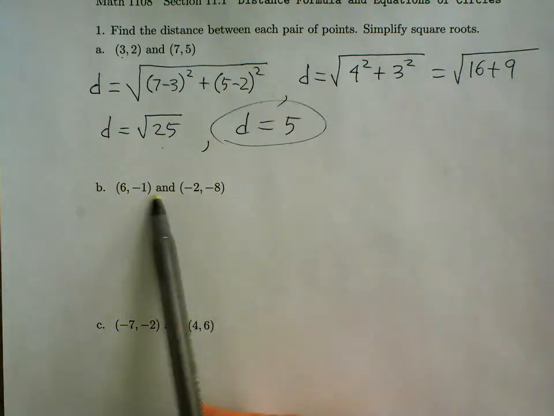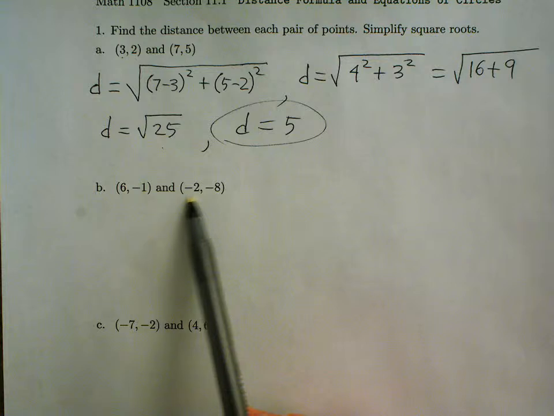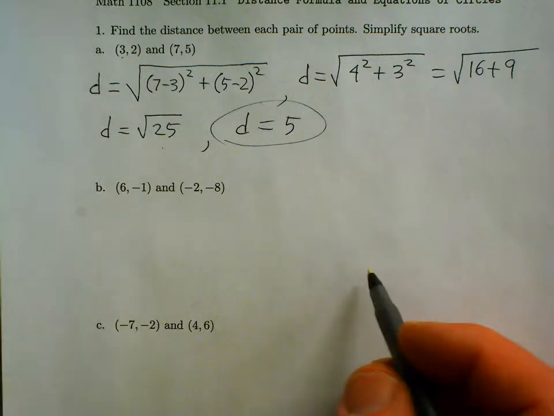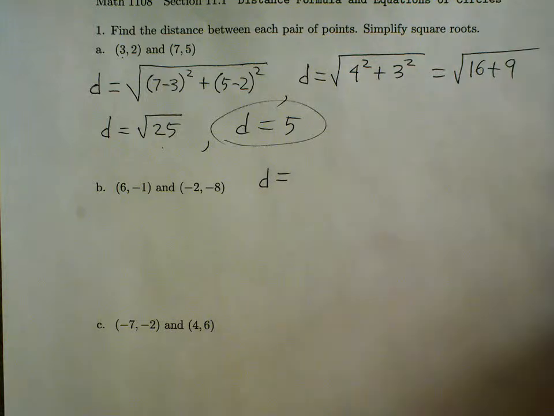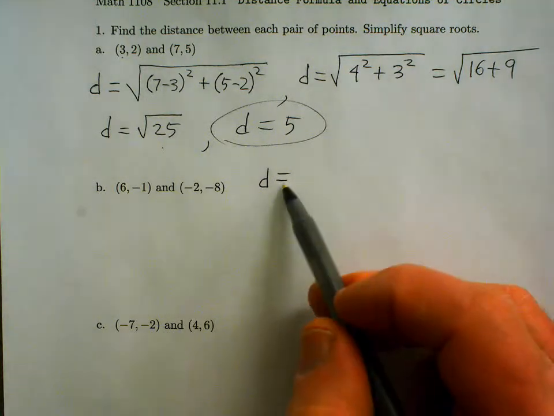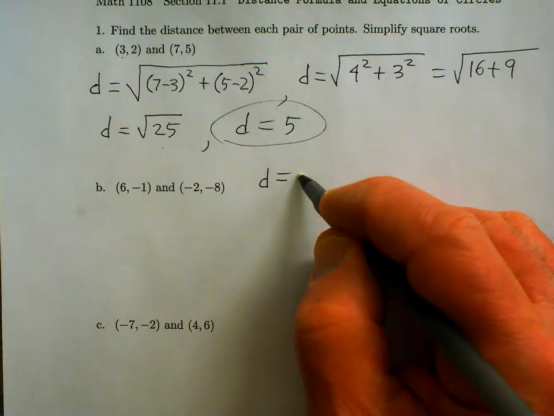Find the distance between the points whose coordinates are 6, -1, and -2, -8. So one way to memorize the distance formula is to write it down from memory.